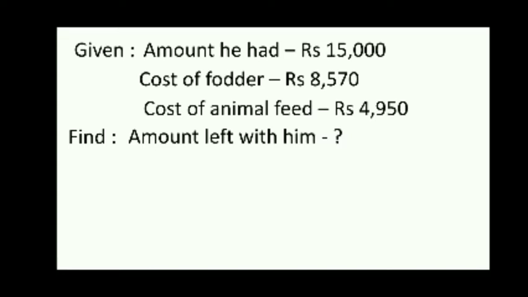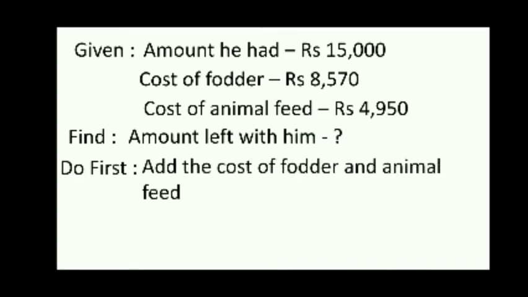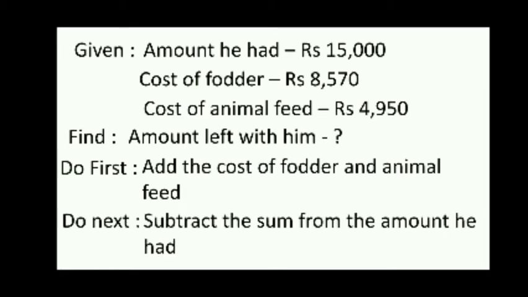So now what operation we are going to carry out first? First, we will add the cost of fodder and the cost of animal feed. Now, after we get the sum of the cost of fodder and animal feed, then what are we going to do next? We will subtract that sum from the amount he had. So he had 15,000.